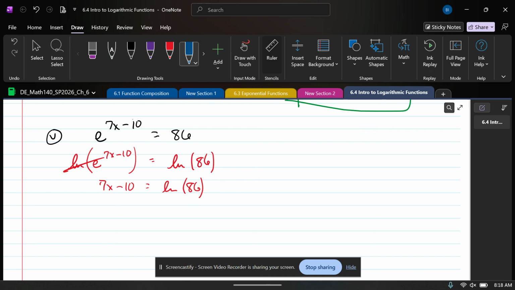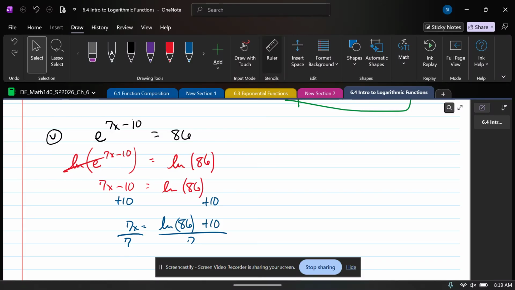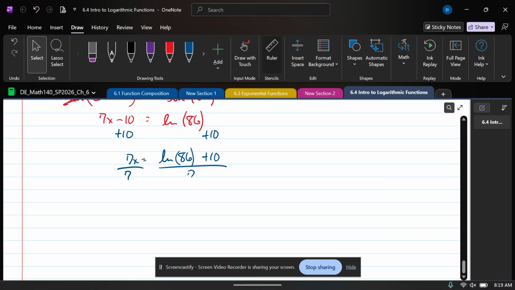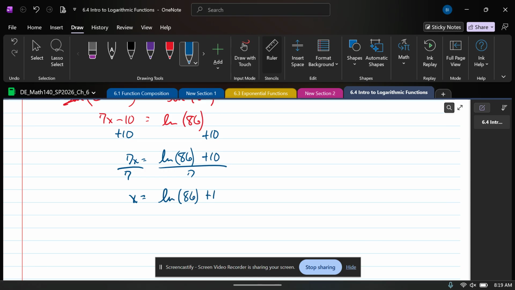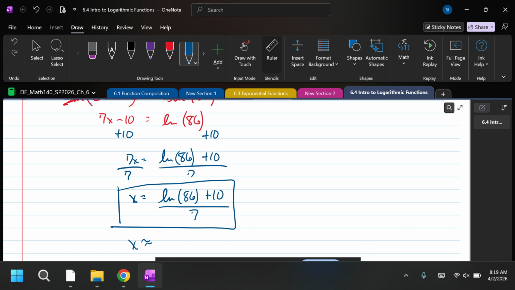So we're going to move the 10. Natural log of 86 plus 10. And then last step, divide by the 7. So there's our exact solution. For the decimal approximation, it's a little easier on this one because you don't have to use that log base tool.